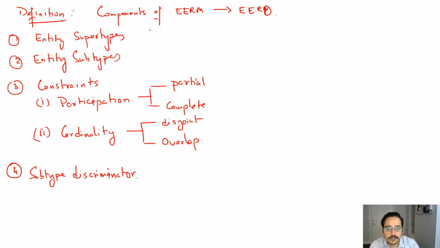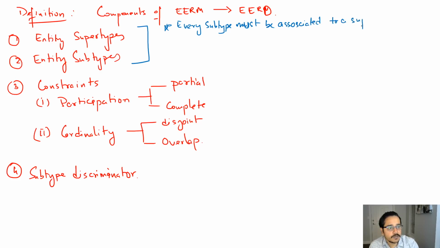Okay, so the important thing is every subtype, between these two, must be associated to a supertype. Has to be. It cannot exist independent of a supertype.